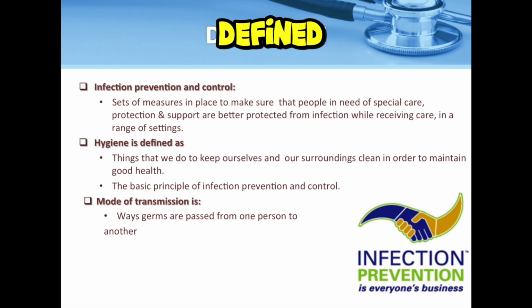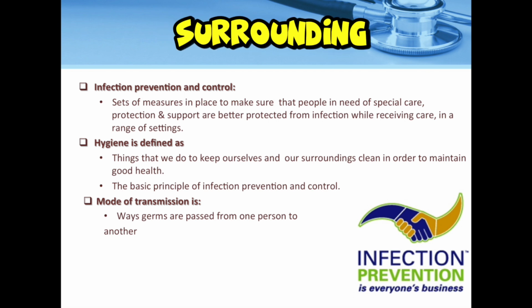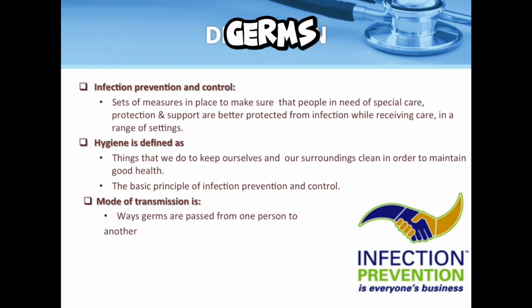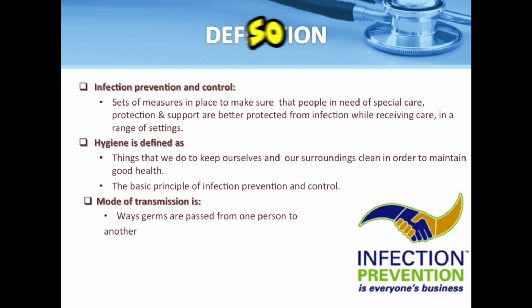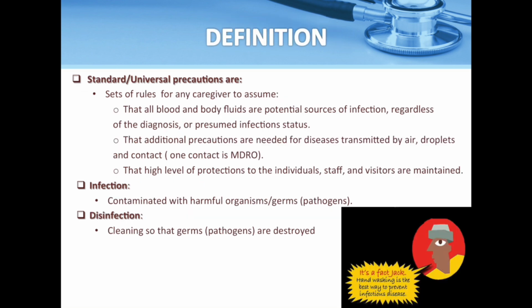Hygiene is defined as things that we do to keep ourselves and our surroundings clean and free from germs to maintain good health. In fact, the basic principle of infection prevention and control is hygiene. So if you maintain good hygiene, you will stay healthy. Mode of transmission is the way germs pass from one person to another.